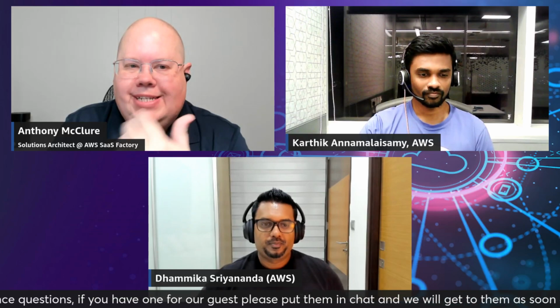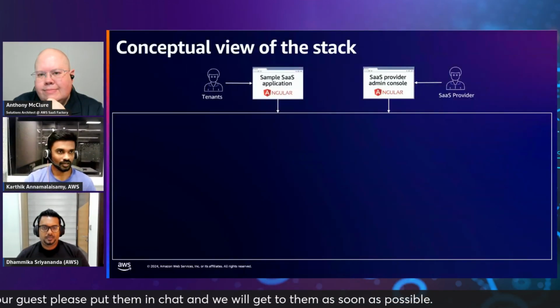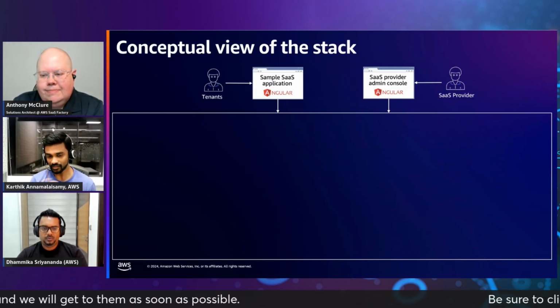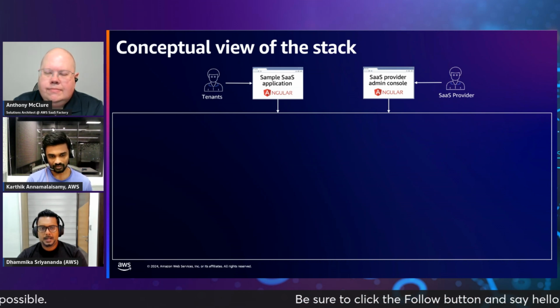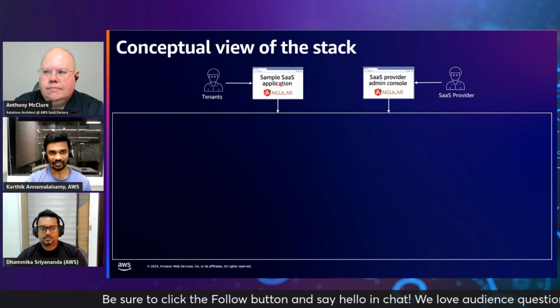Karthik, do you want to talk a little bit about the architectural patterns of SaaS here, or multi-tenant constructs? Sure. Let's start with the conceptual view of the stack, which we recommended in the reference solution. Our reference solution has a sample UI, both on the admin console and the SaaS application.